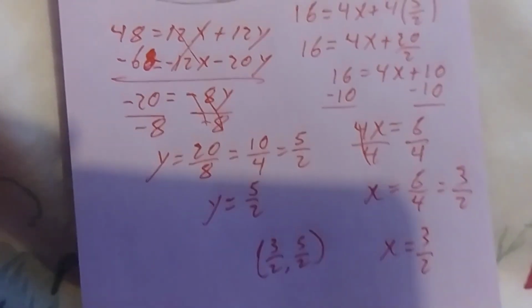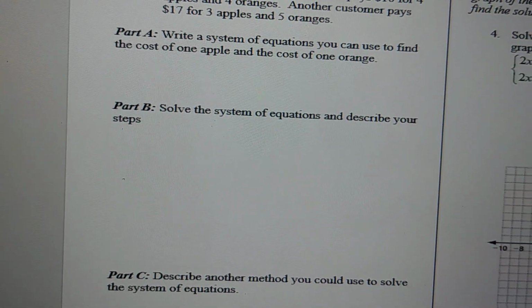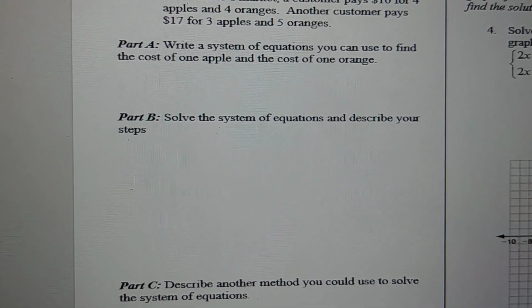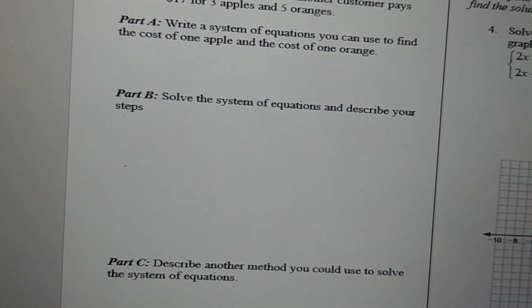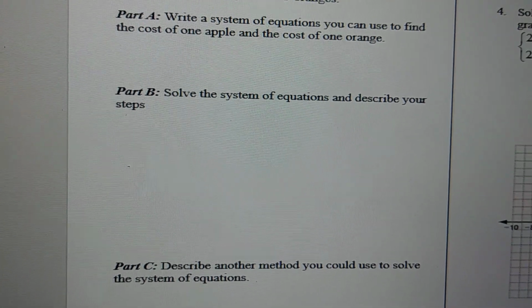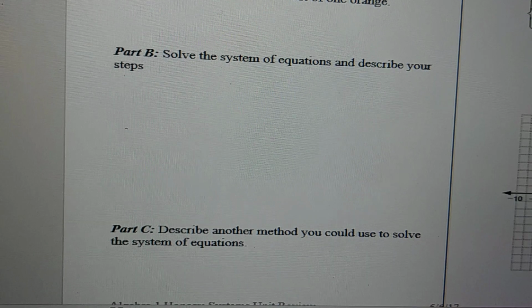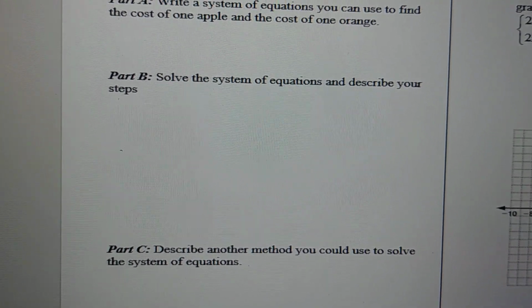So part B of the problem is asking to solve the system of equations and describe your steps. I might not ask you to actually describe it, but if you can show me step by step what you did, showing your work, that's definitely full credit. Then part C says describe another method you could use to solve the system of equations.